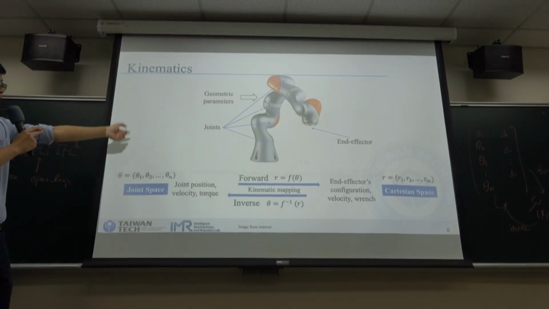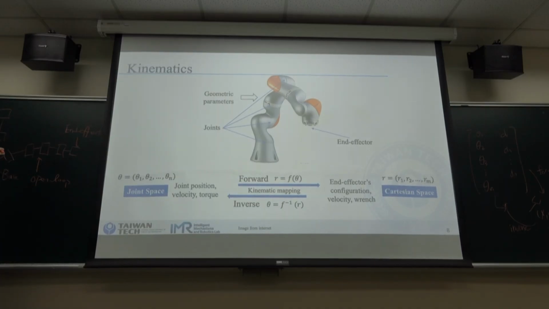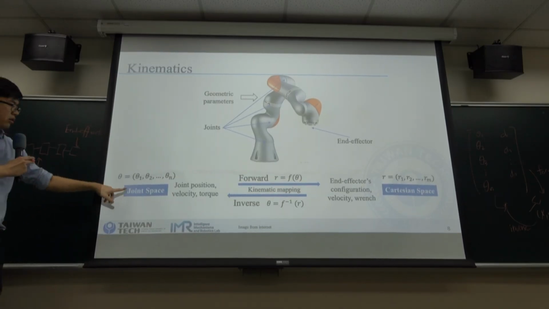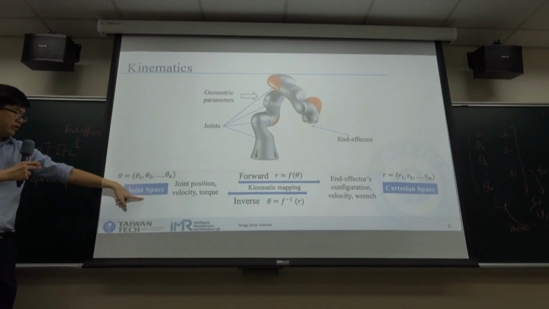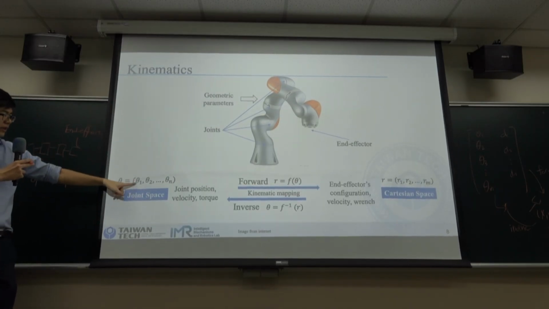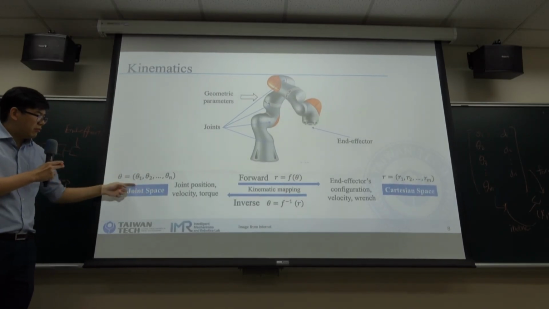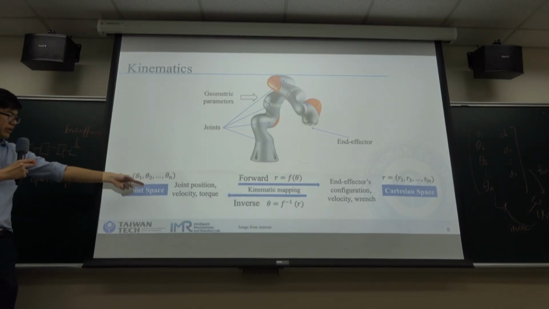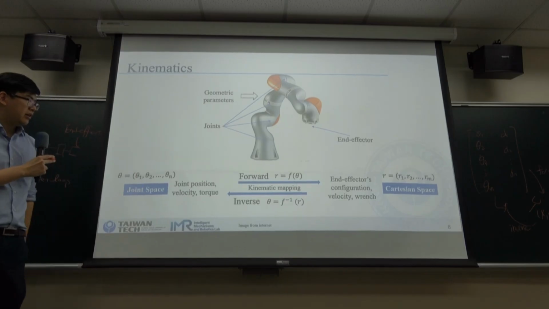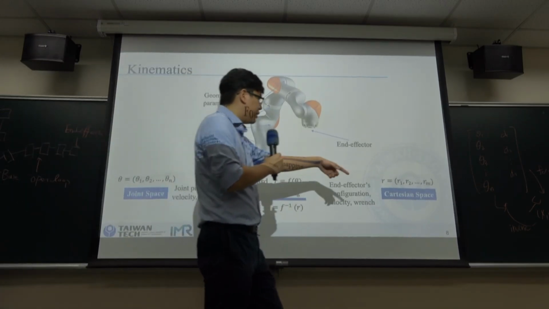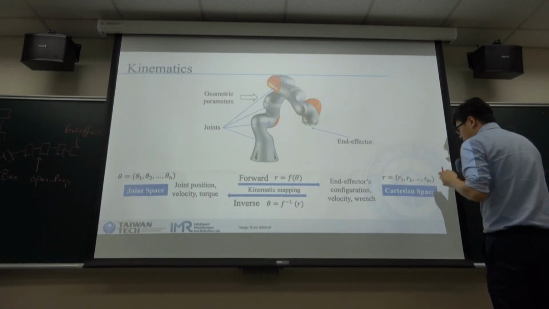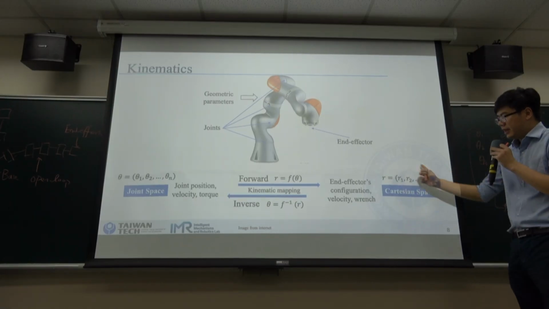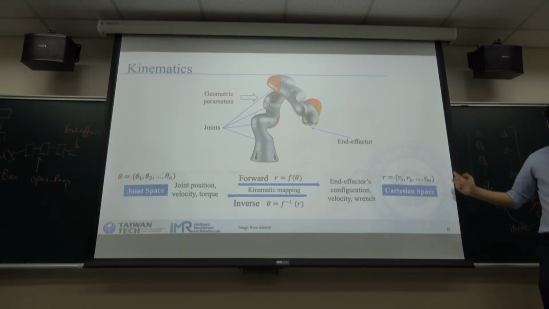To summarize, we can use this diagram. We have a joint space. The joint space means that inside are all the robot joint values, theta 1, theta 2 to theta n. And we have another one, the Cartesian space, which means it's in the XYZ space.